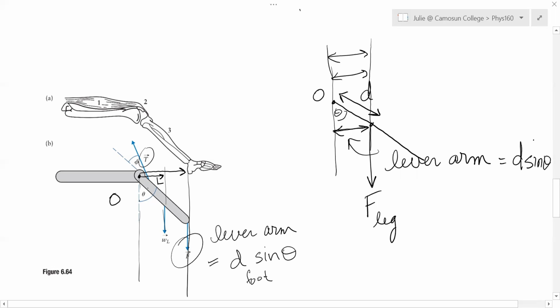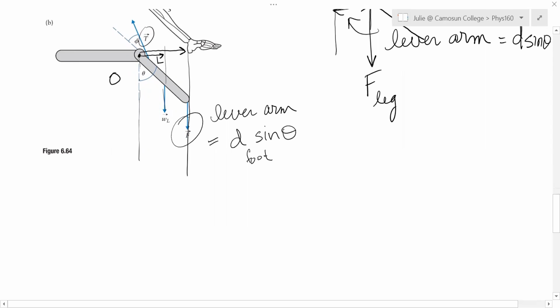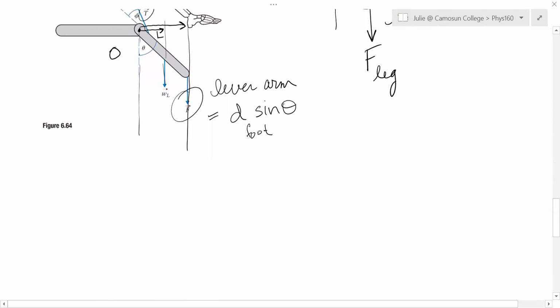What's going on up here? Okay, then we have to draw that a little bigger here. Do I have room? Okay, so for that quadricep tendon, we have the knee. There's the knee, that's O. And then you got your leg, and then you got this tendon here. So this is the quadricep tendon.